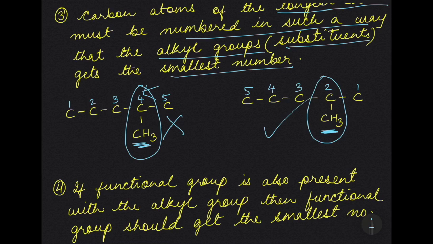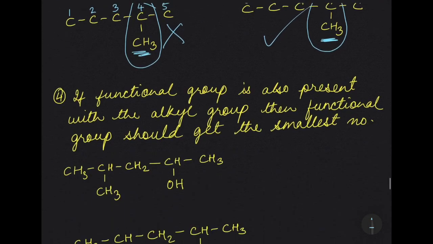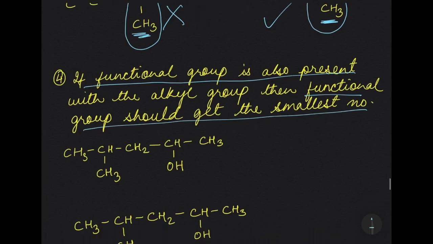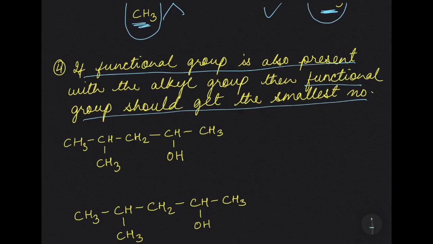Now supposing together with the alkyl group, if a functional group is also present, then the functional group should get the smallest number. Here you can see in this example, 1, 2, 3, 4, 5, 1, 2, 3, 4, 5.